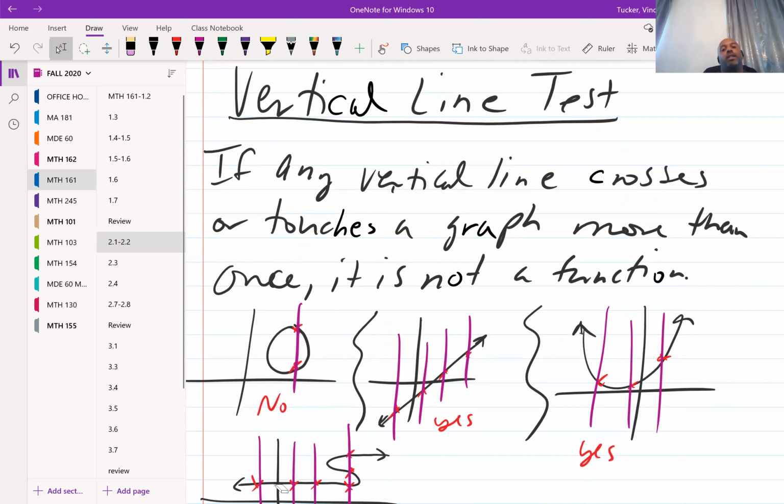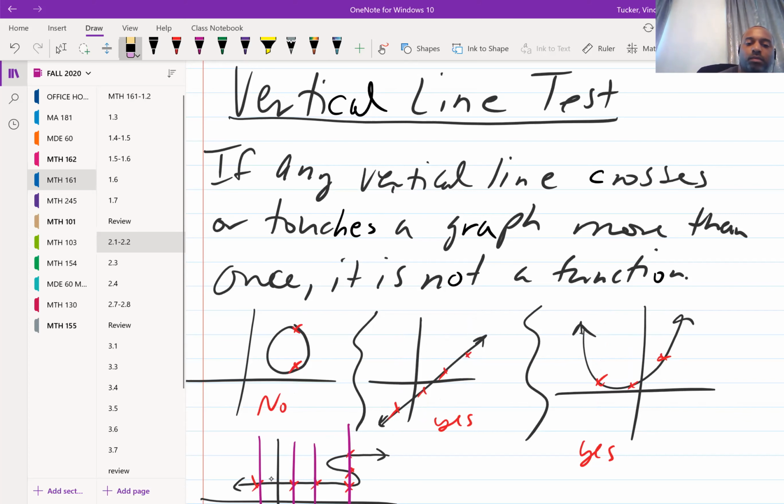Okay, vertical line test. If any vertical line crosses or touches a graph more than once, it is not a function. So just looking at a few of them.